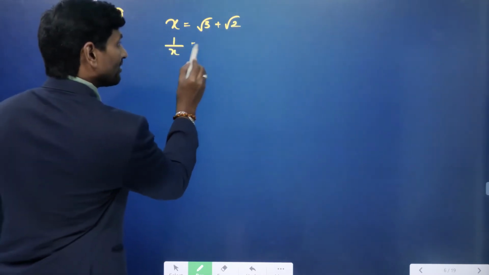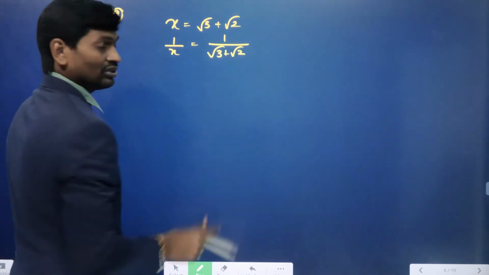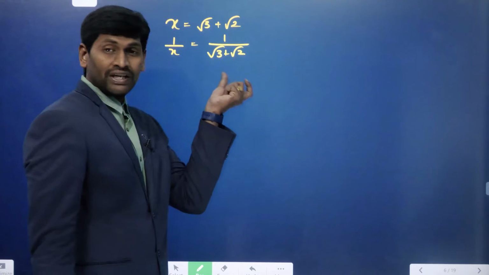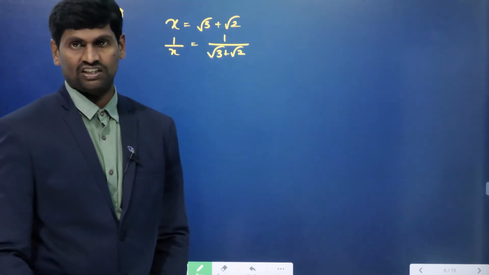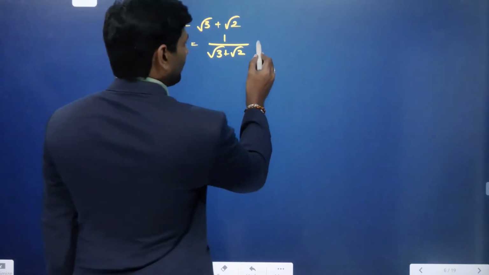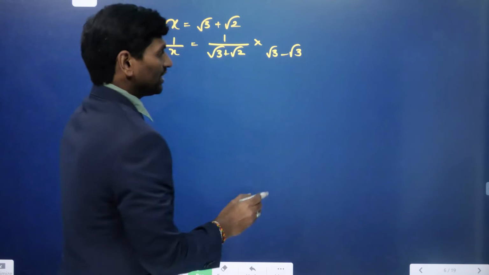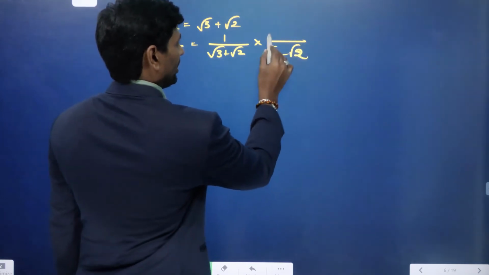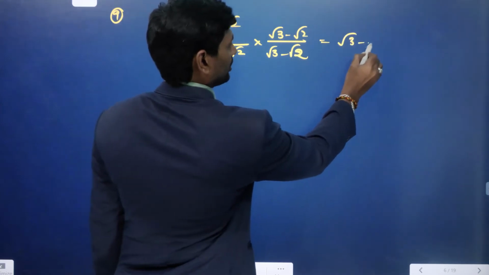What is the 1 by x value? 1 by root 3 plus root 2, but the denominator should not be in irrational form, so we have to multiply with the rationalizing factor. So after multiplying the rationalizing factor, what is the rationalizing factor? Root 3 minus root 2 by root 3 minus root 2. You will get the answer root 3 minus root 2 only.